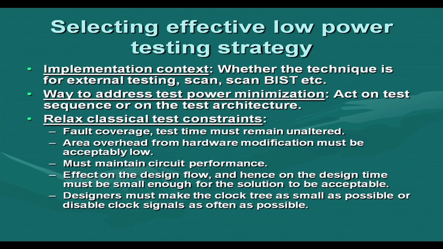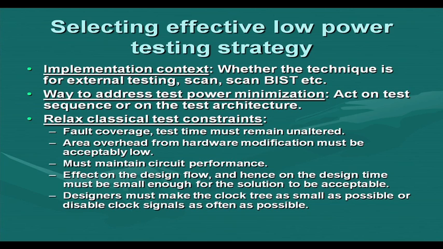If we do not apply those patterns, certain faults are not covered, so fault coverage will get affected, but it may still be acceptable because the power consumption is less. The test time may change, but fault coverage normally is not traded off.